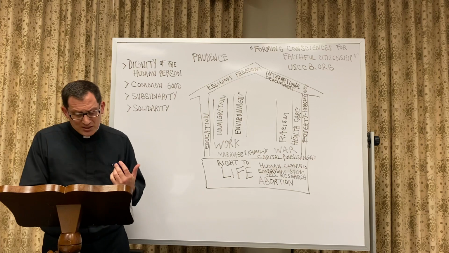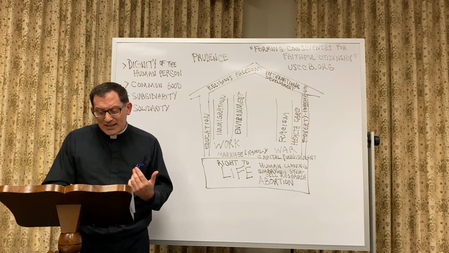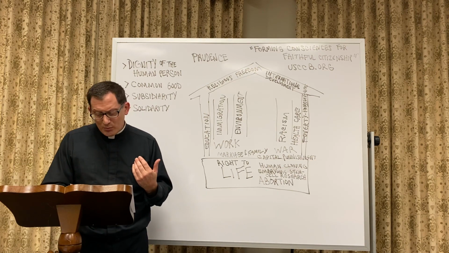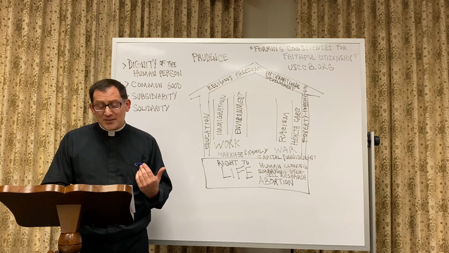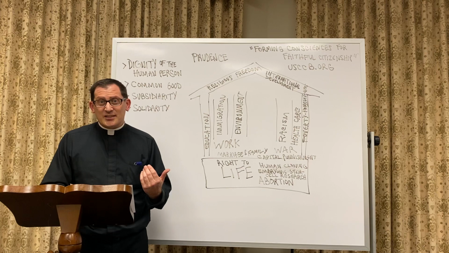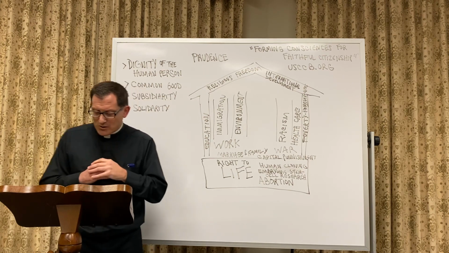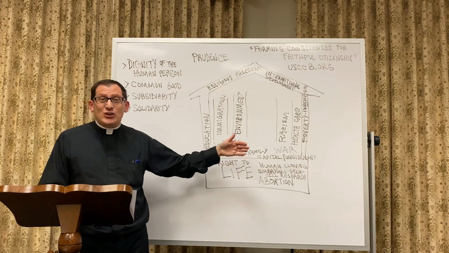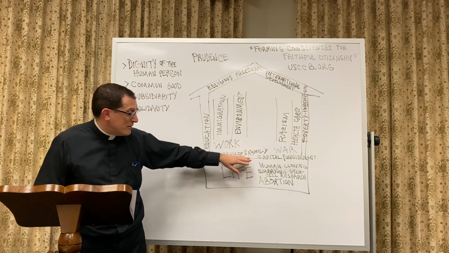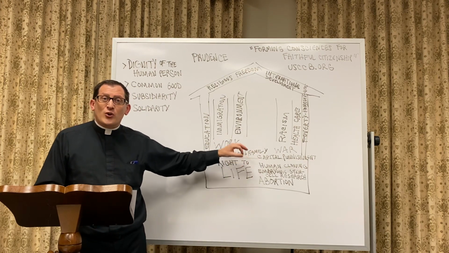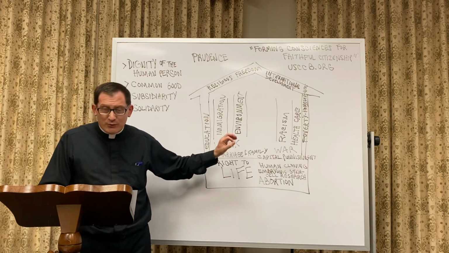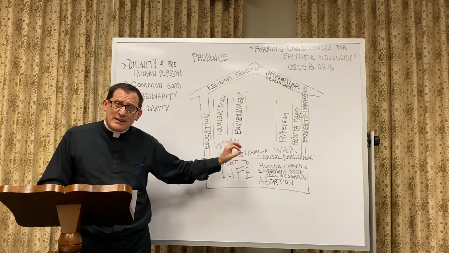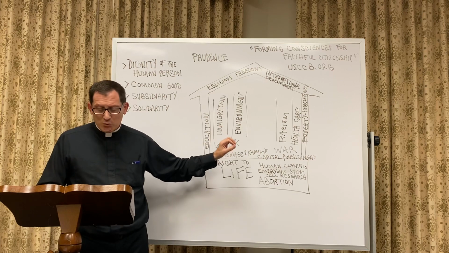The church further teaches that the inalienable right to life of every innocent human individual is a constitutive element of a civil society and its legislation. We also know embryonic stem cell research and human cloning and euthanasia. These are also intrinsic evils that are deep, grave threats to the dignity of the human person.